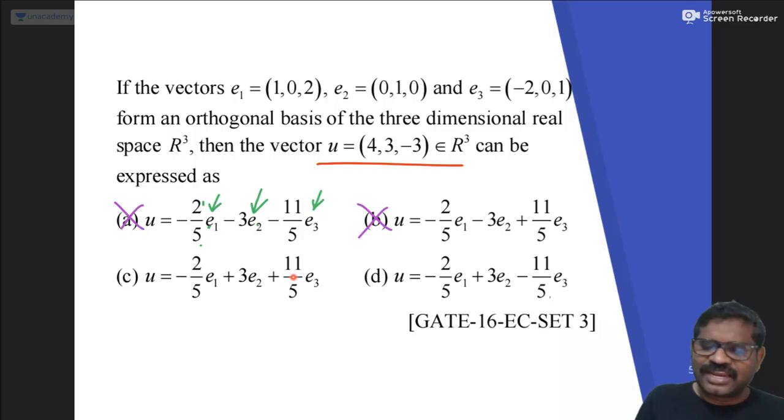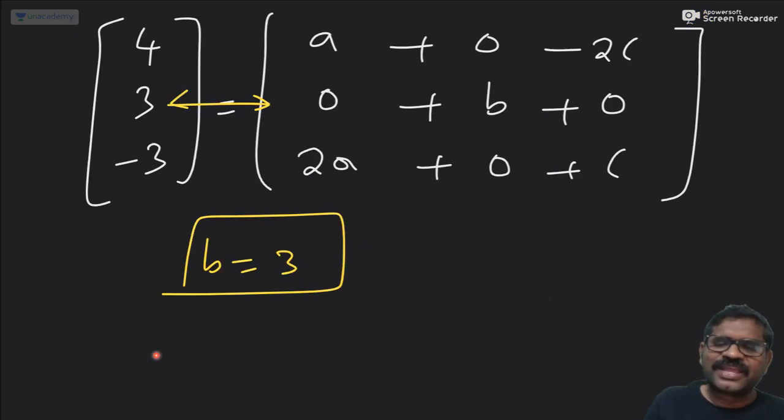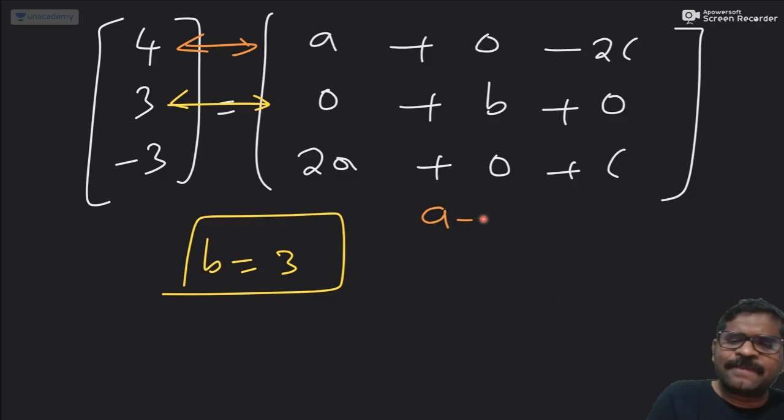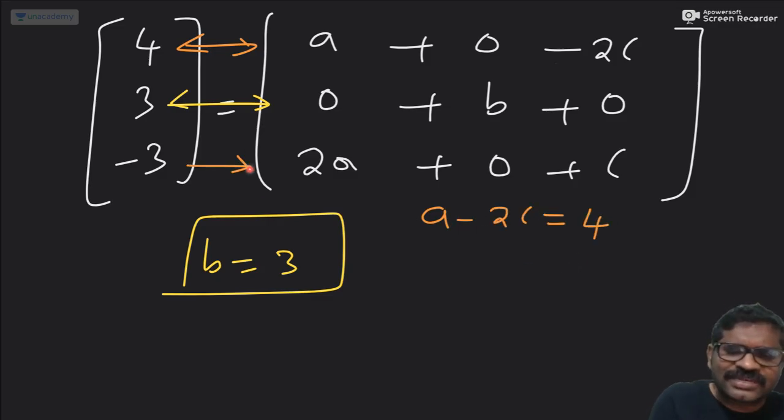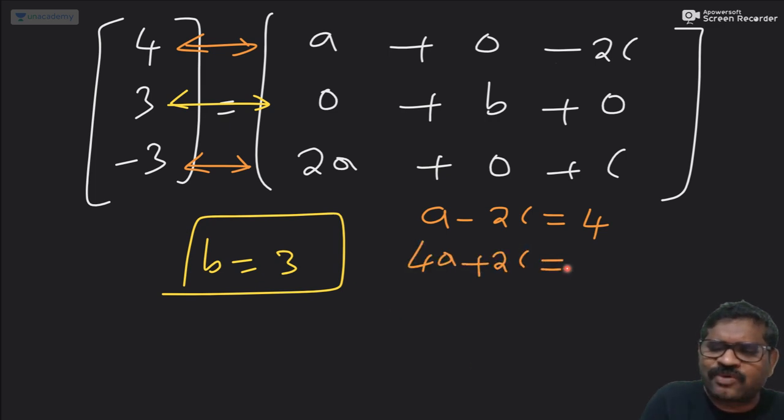Now, next, come here. First equation. I am equating first one. A minus 2C equal to 4. Third equation. 2A plus C equal to minus 3. Do one thing. I am writing 4A plus 2C equal to minus 6.